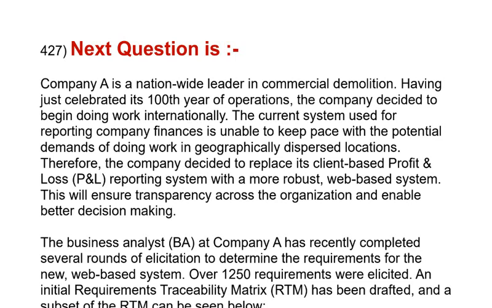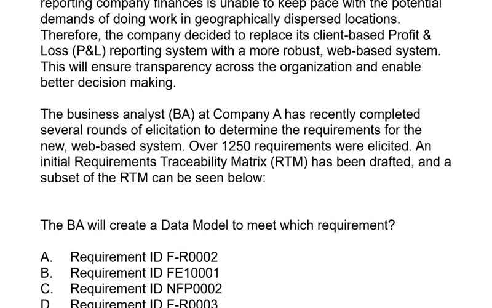This will ensure transparency across the organization and enable better decision making. The business analyst BA at Company A has recently completed several rounds of elicitation to determine the requirements for the new web-based system. Over 1250 requirements were elicited. An initial requirements traceability matrix RTM has been drafted and a subset of the RTM can be seen below.